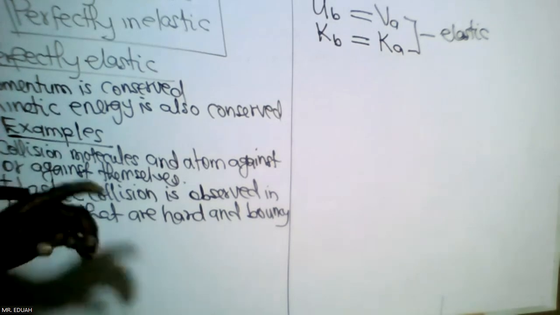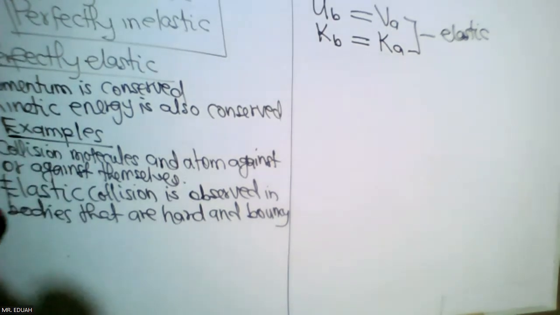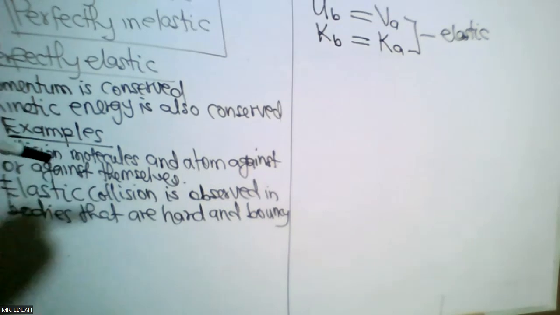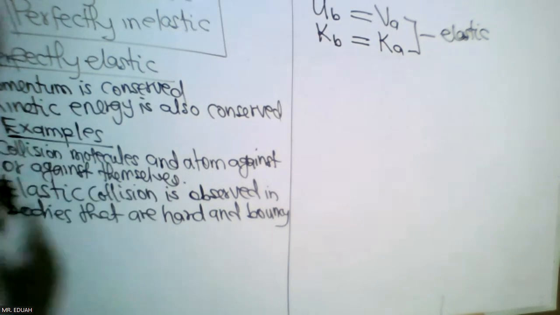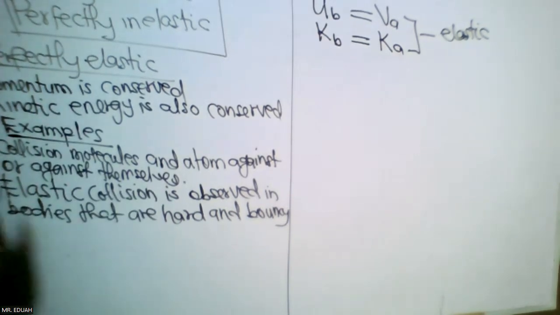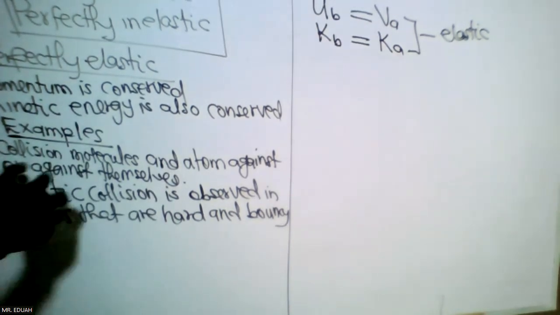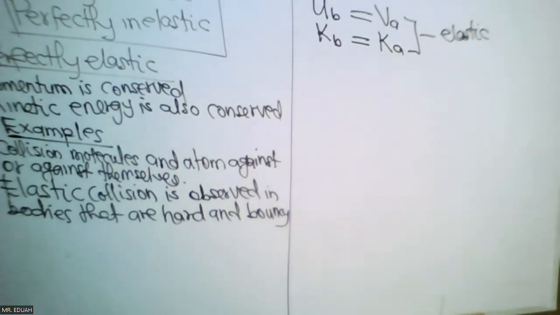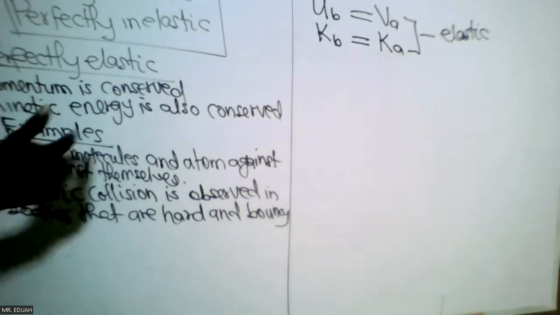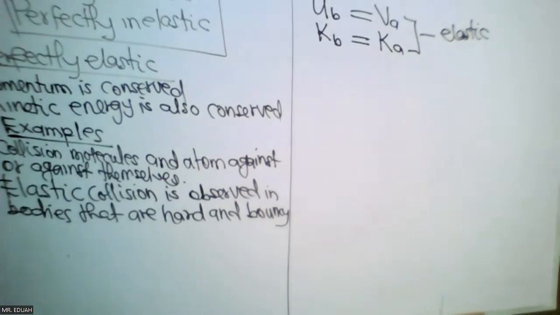And then the snooker ball, hitting the snooker ball with the stick for it to hit another ball also demonstrates elastic collision. In all these examples, please be putting down examples yourself. So as I mentioned, when a bat is used to hit a tennis ball, snooker ball, or billiard ball, they all demonstrate elastic collision.